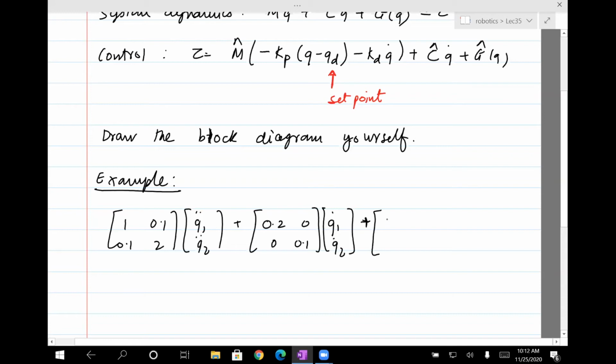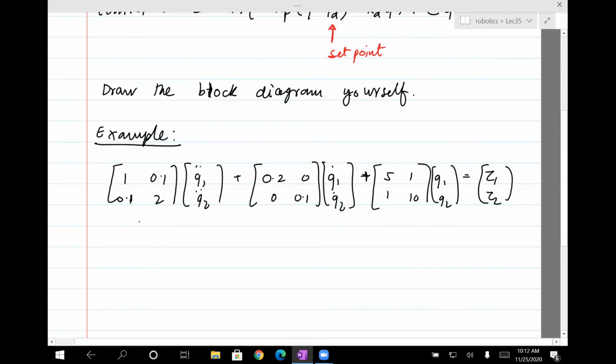Then the constant, the G term, will have 5, 1, 1, 10. By the way, this doesn't have to be symmetric. I took them to be symmetric, but really that's not required. Q1, Q2, and then of course tau 1, tau 2. So very clearly, this is your mass matrix or M, this is C, this is G.